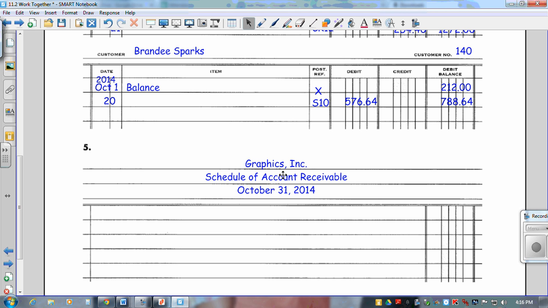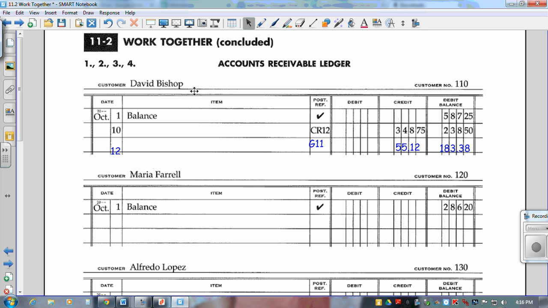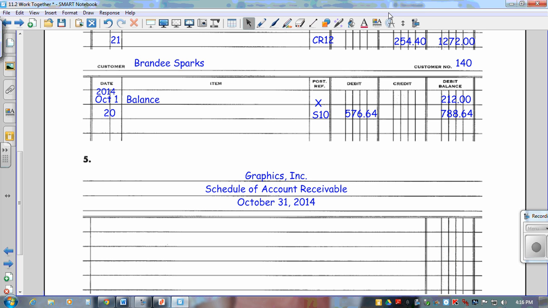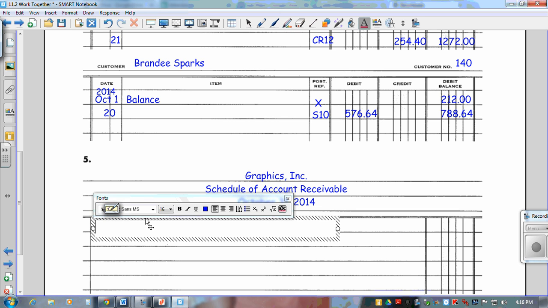Okay. Now what we're going to do is we just need to list any accounts that we have in our accounts receivable ledger book that owe a balance. So we're going to look up here. David Bishop is the first one. Yep, looks like he owes a balance. Come down. Type David Bishop.